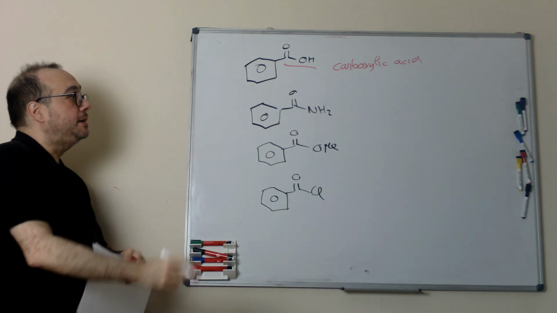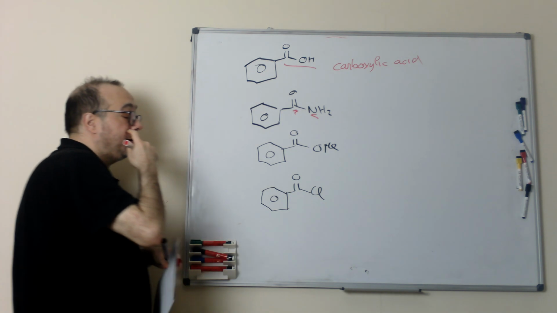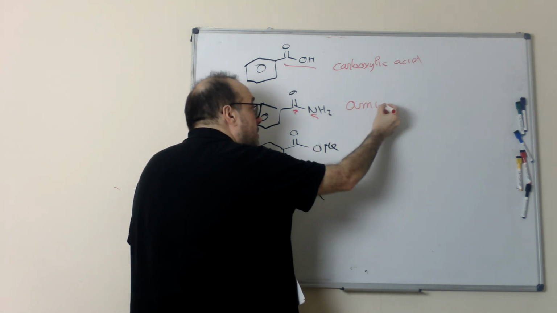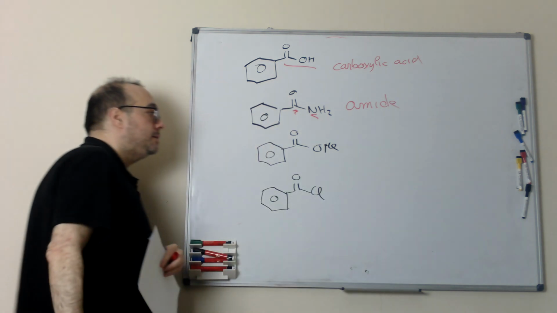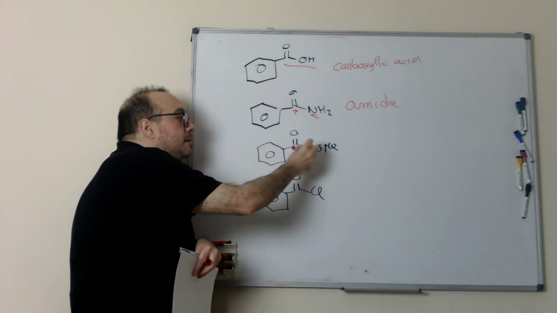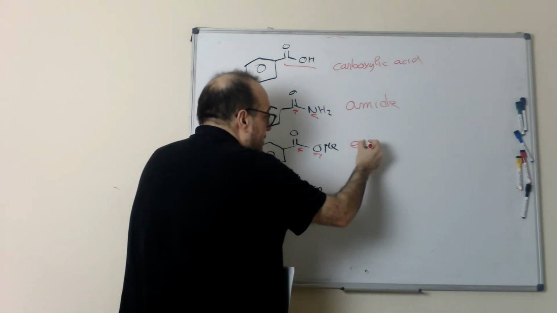This that presents a carboxyl group and an amine is called amide. This that has a carboxylic and an alcohol is called ester.